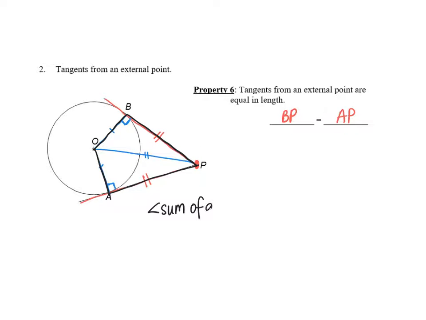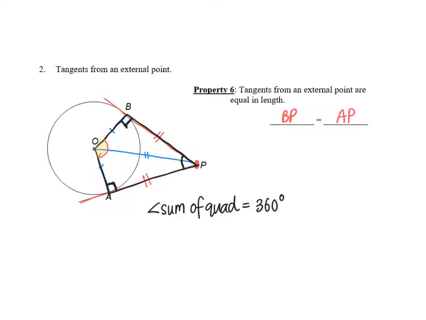Angle sum of quadrilateral is equal to 360 degrees. Notice I have a 90 degrees over here. I have a 90 degrees over here. If I have the angle BPA, I am able to find the angle BOA over here.